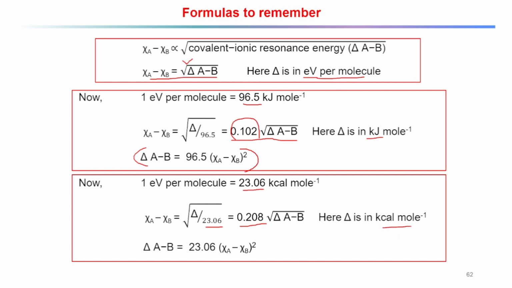So these three formulas you can remember, and from here if we just take this factor to the left hand side and then square both the sides, we will get delta AB equals 23.06 chi A minus chi B whole square. So these formulas you have to remember, and I will erase all these things. You can take a screenshot of this. You can pause the video and take a screenshot.